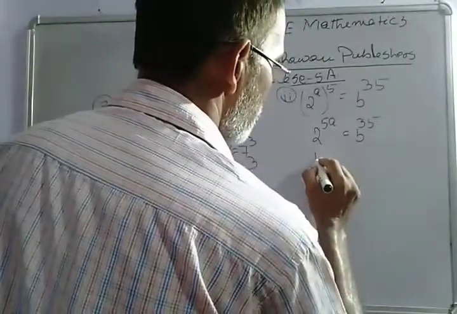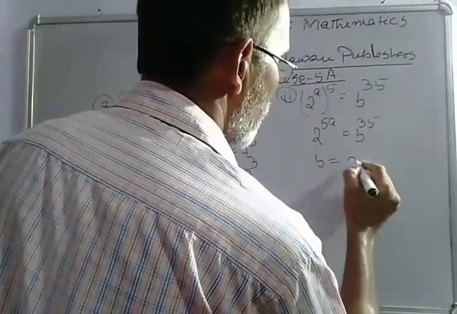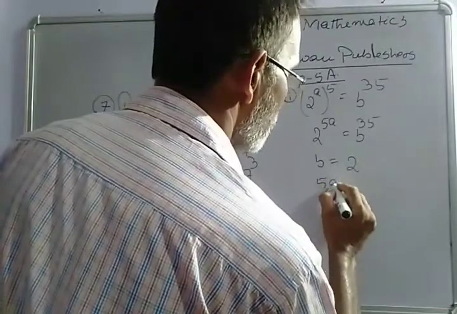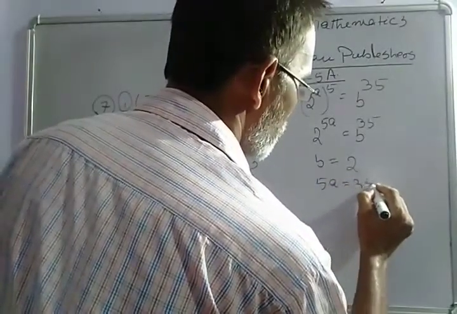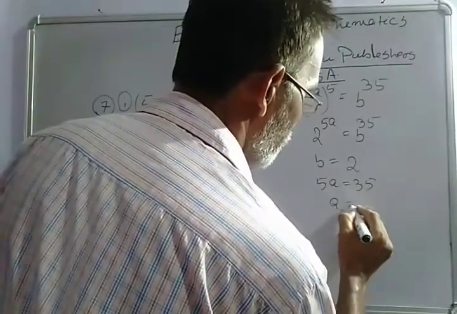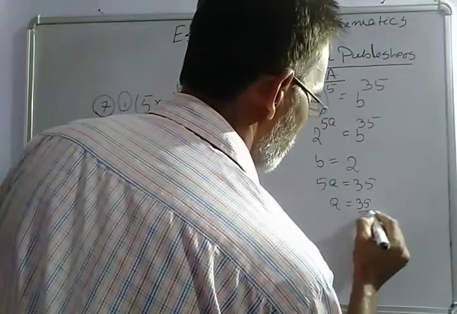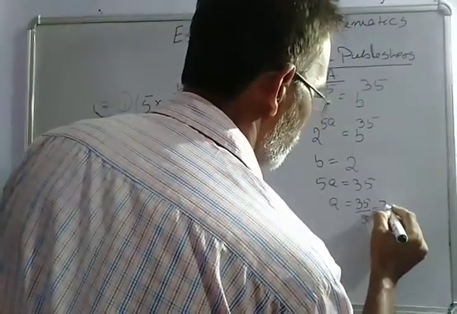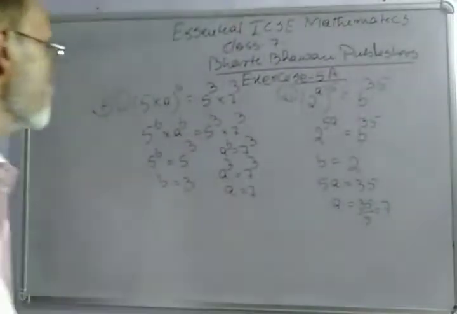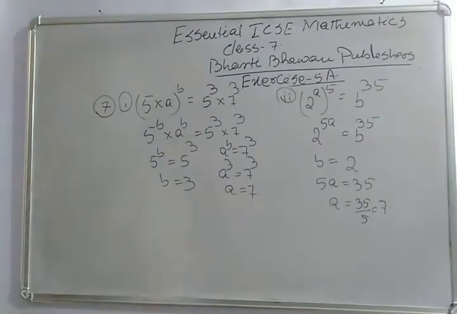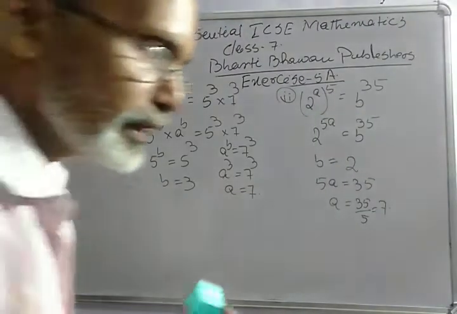So here b is equal to 2 and 5a is equal to 35. So a is equal to 35 by 5 is equal to 7. So these are the solutions of number 7. Next we will start number 8.